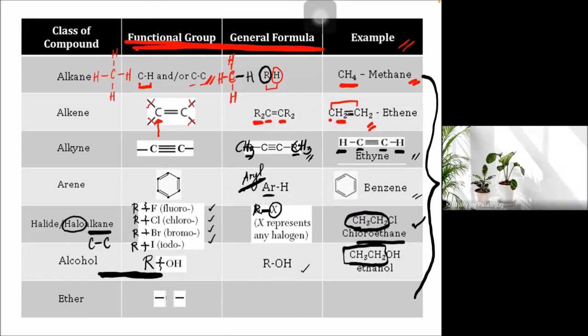Alright, next, ether. For ether, you have an oxygen singly bonded to R groups. That is why the type formula of ether is ROR. This could be any R group here, and any R group here, any alkyl group.